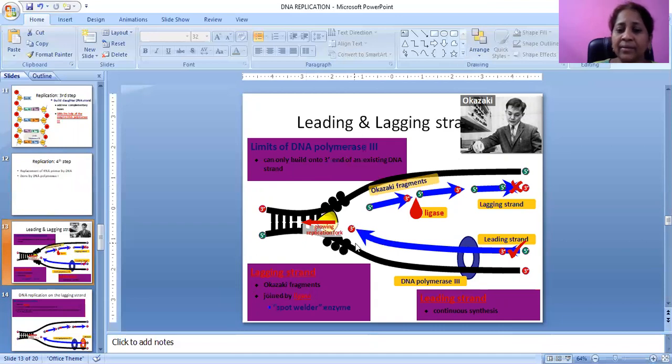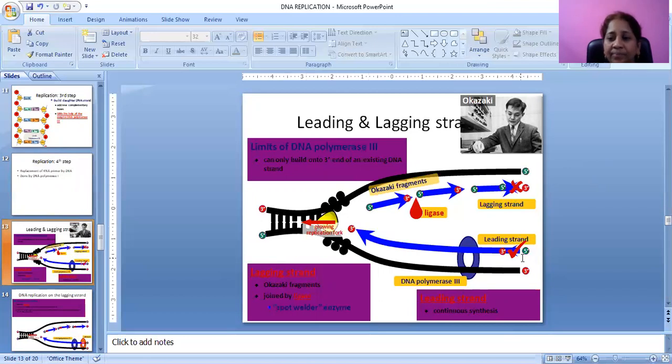Next, on the lagging strand, Okazaki fragments. Here we can see the growing replication fork. This is 3 prime, 5 prime, and this is 5 prime, 3 prime.